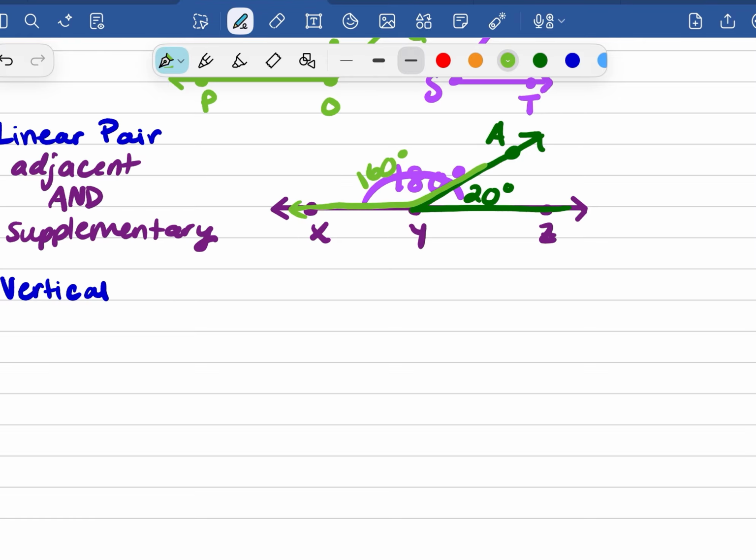And the last pair that I'm going to talk about in this video is vertical. So vertical is created by two intersecting lines.